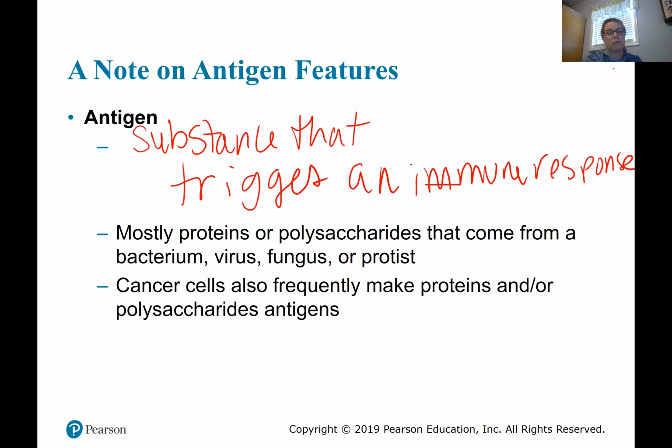Okay, could be proteins, could be sugars found on bacterial flagella, their cell wall, could be a toxin that they produce, or proteins and sugars associated with viruses, fungi, protists, or anything else like that. Also, cancer cells a lot of times will produce antigens as well that the immune system can identify.